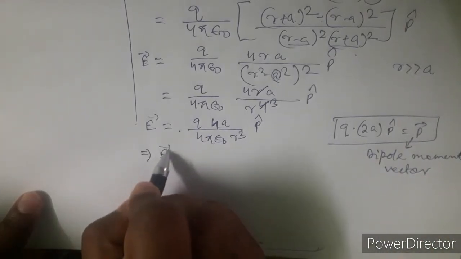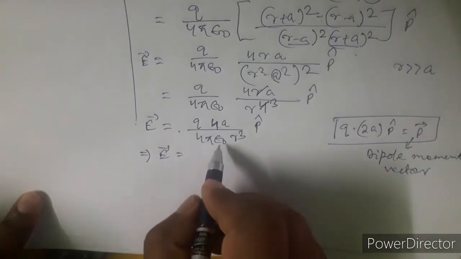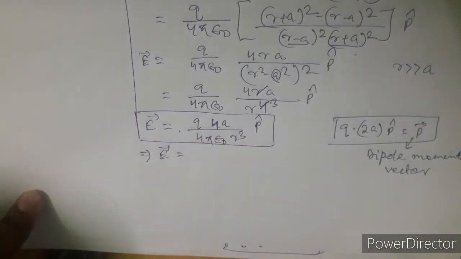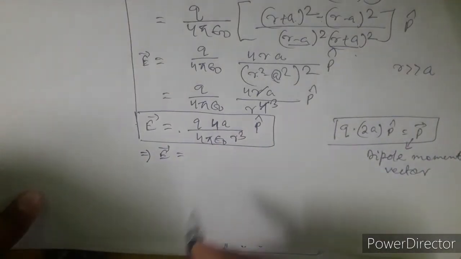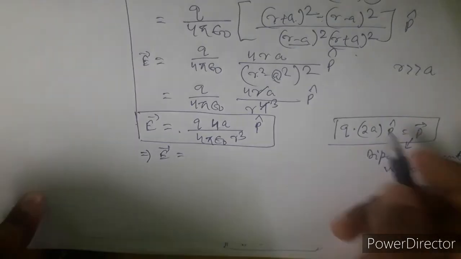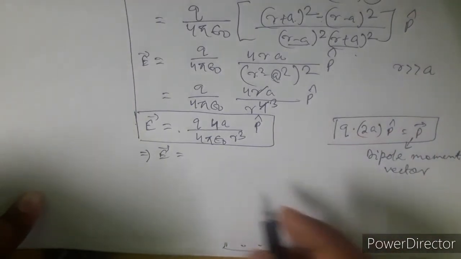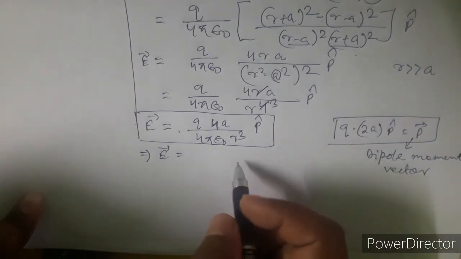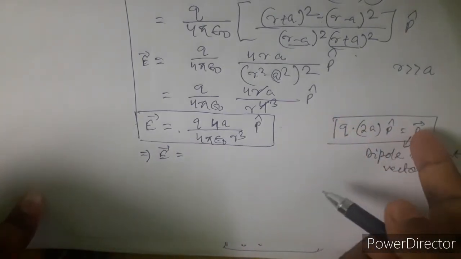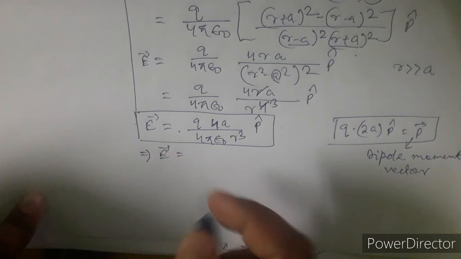So E will be equal to, in terms of the dipole moment vector, you can keep it here in the exam. If the question is asked that write the electric field at a point due to the points on the axis of a dipole, the field is this one, or represent the field in terms of your dipole moment vector, then you will do this step.